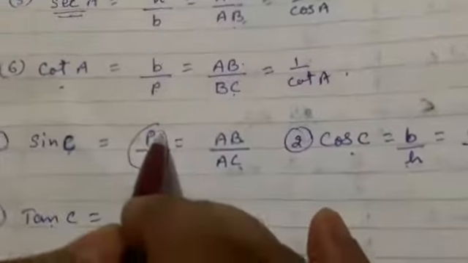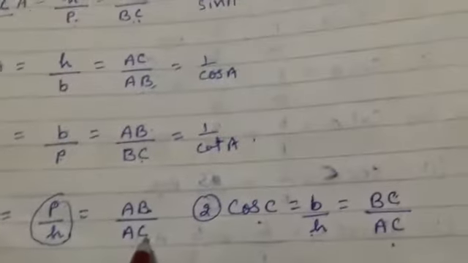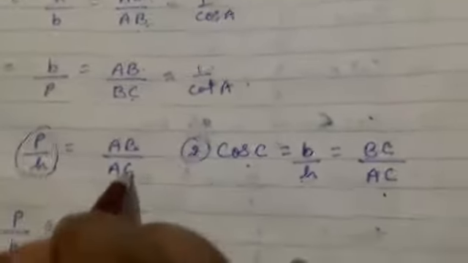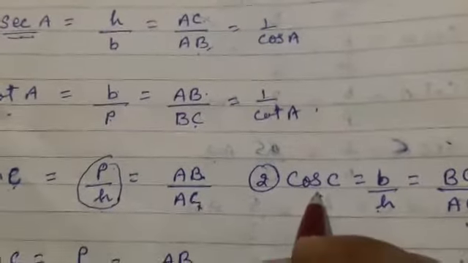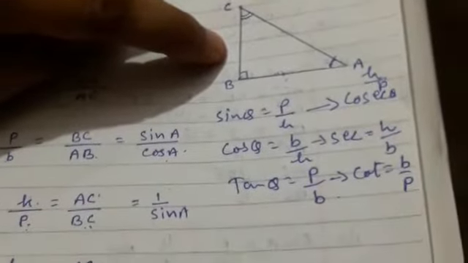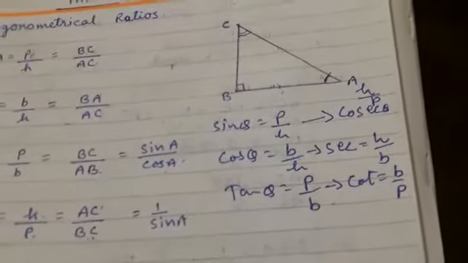So sine C is equal to P by H, it means AB by AC. Hypotenuse will never change, so AC will be same. Now cos C, again B by H, means BC by AC. Tan C, P by B. P means this one, AB by BC.